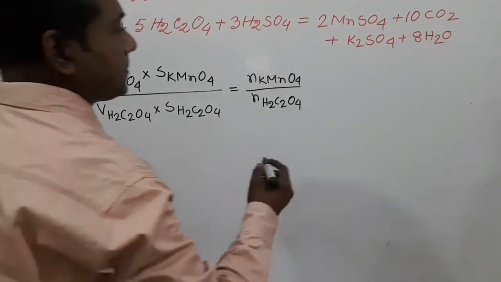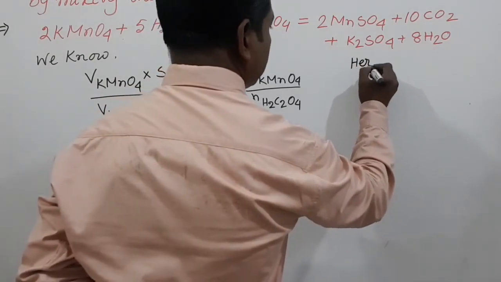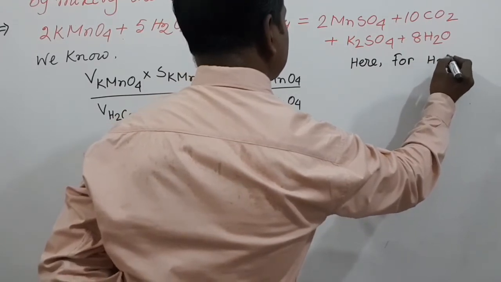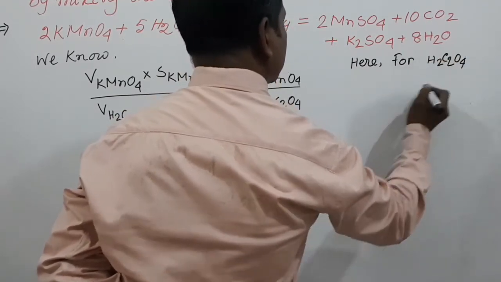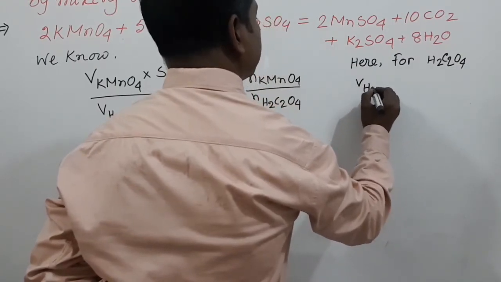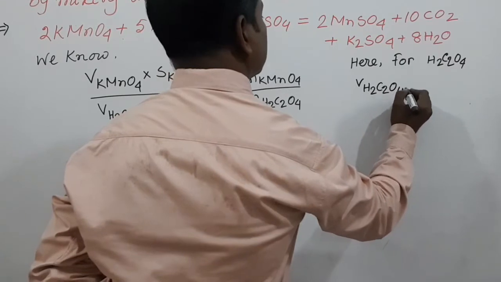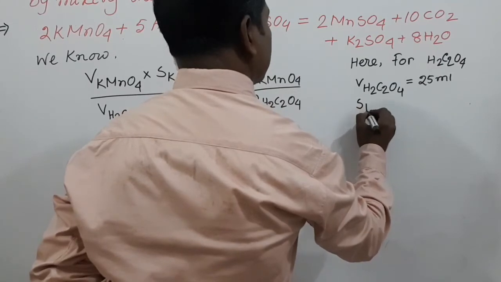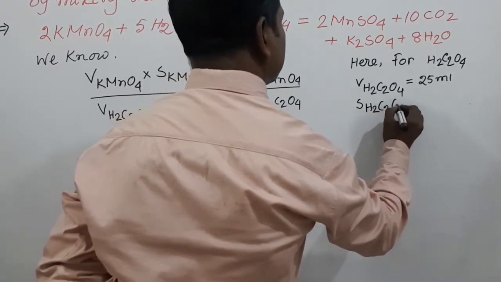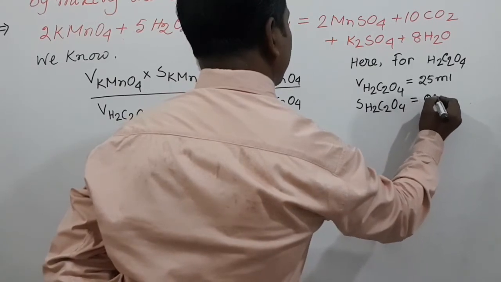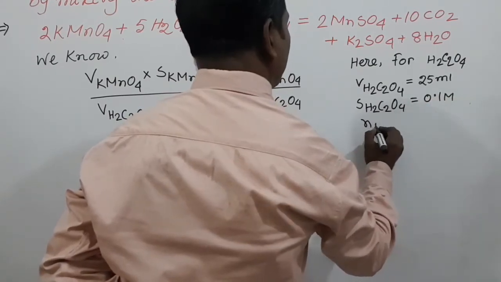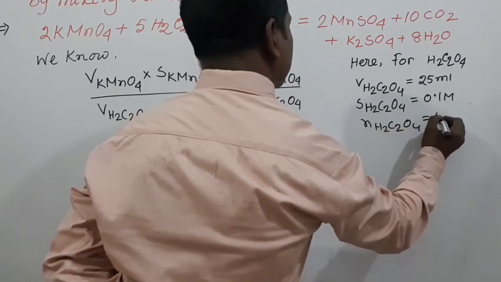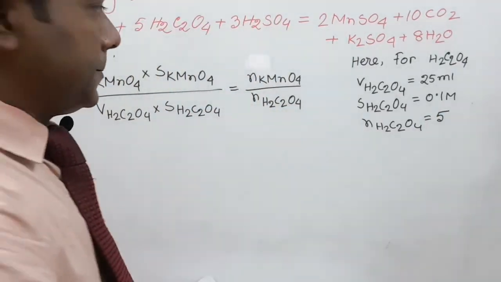My dear students, here for oxalic acid, volume is 25 ml, concentration is 0.1 molar, and mole number is 5.